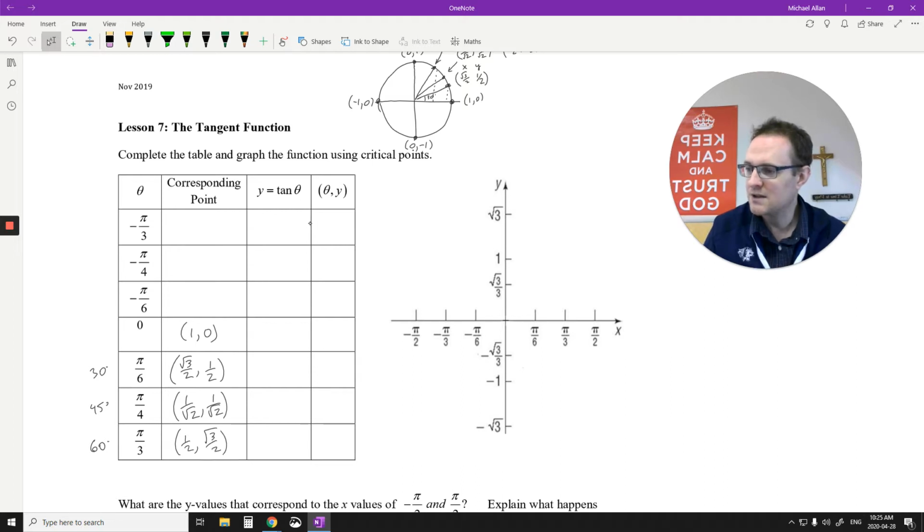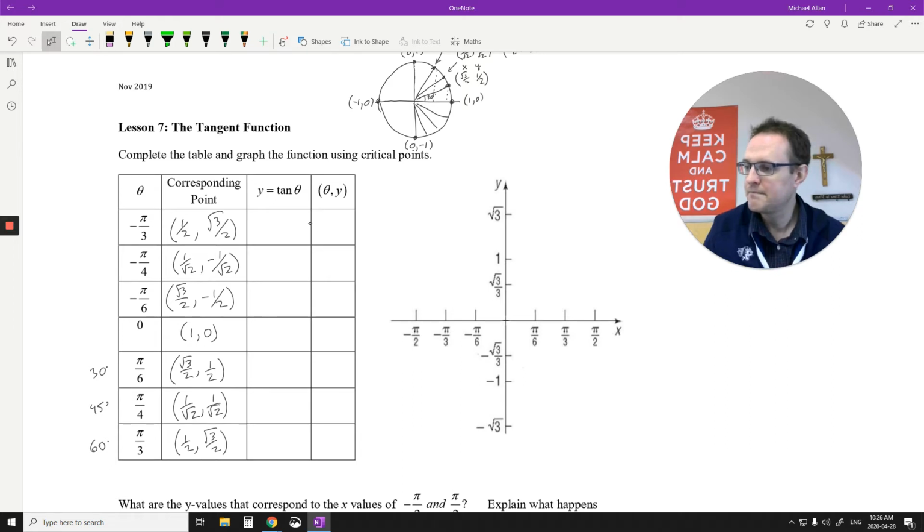Now I'm going to go backwards in the negative quadrant. All my y values are going to be negative, but my x values stay the same. So this is going to be negative 1/2 here, negative 1 over root 2 here, and this is going to be 1/2.